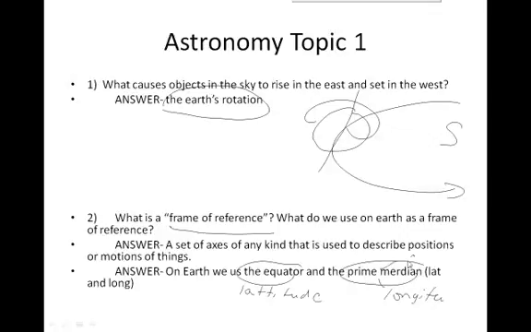So this is 0 longitude, the equator is 0 latitude. So latitude above and below the equator, longitude west and east of the prime meridian.